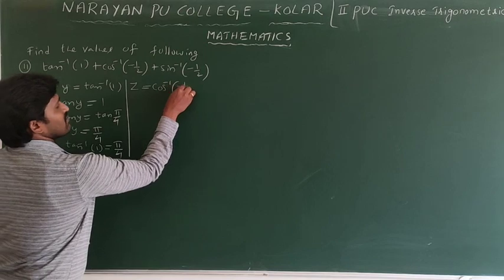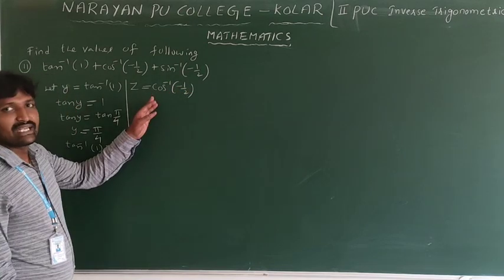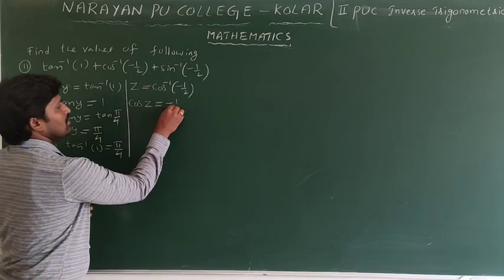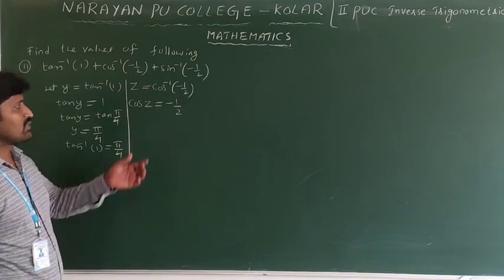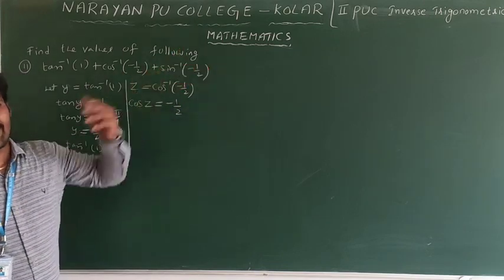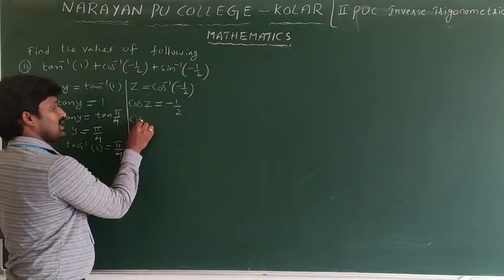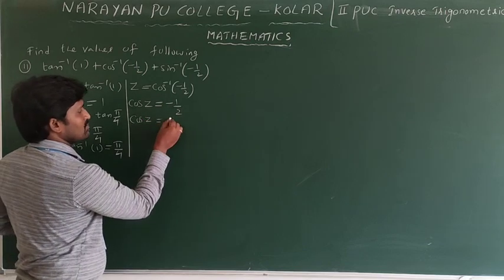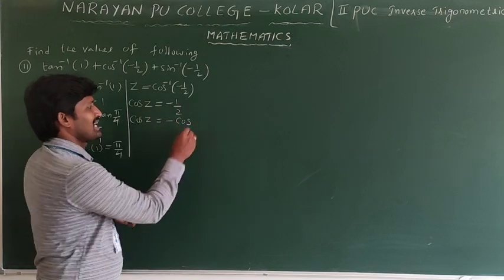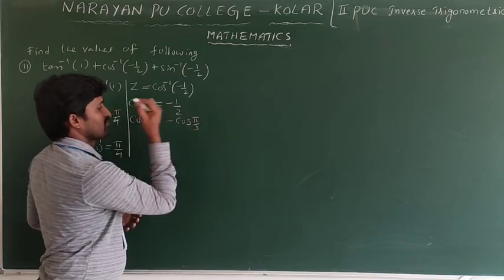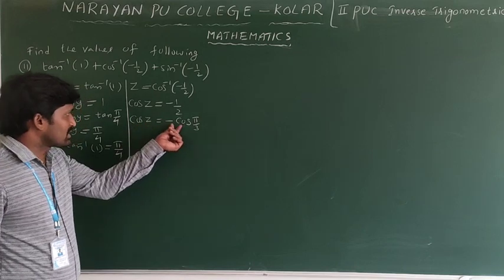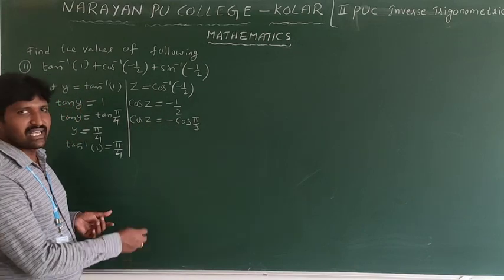Coming to the second one, that is z, which is cos inverse of minus 1 by 2. Take cos inverse to the left side, it becomes cos z equal to minus 1 by 2. Here we need to change this value in terms of cos angles. Directly we can't find it, but we know cos of which angle is 1 by 2? Cos pi by 3. Now we cannot compare this directly because the minus sign is there.